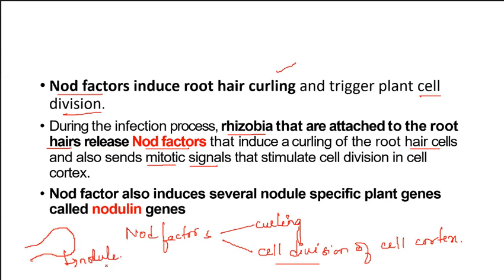Cell division will cause the enlargement of the cortical cells to form the nodule. These NOD factors also induce several nodule specific plant genes. First the NOD genes of the bacteria are activated, then they also activate the plant genes named nodulin genes.